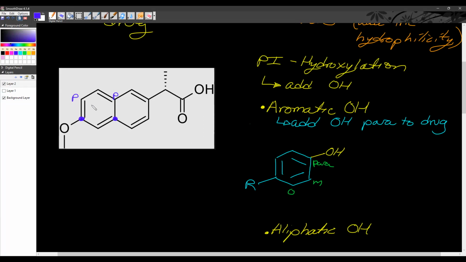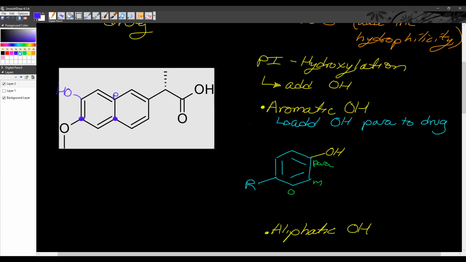So could I put an OH coming off of this position here? 100%. It's just that if you had to choose between para positioning and ortho or meta positioning, it's always going to choose para first. Para is faster, para is better. So if you have the choice between ortho, meta, and para, choose para.